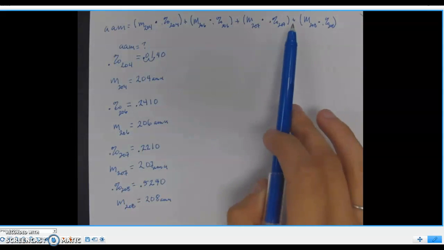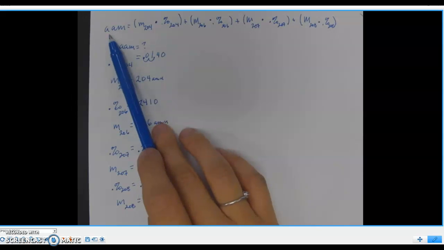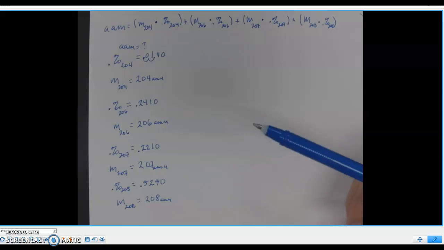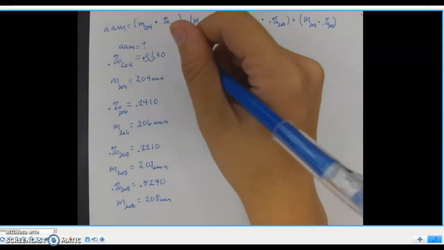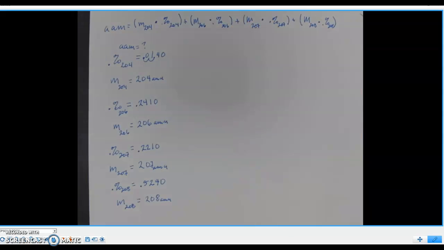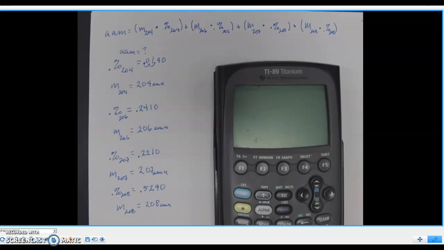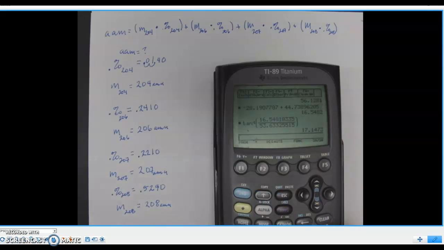The equation that I've already put together is already solved and rearranged for average atomic mass, so I don't need to rearrange this equation. All that's left to do is to plug in these numbers. So I'm just going to do that. I've made my list of knowns and unknowns, so I really don't have to rewrite and declare exactly what these numbers are a second time.